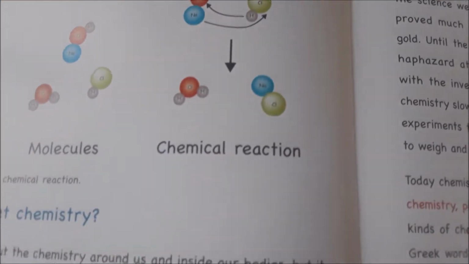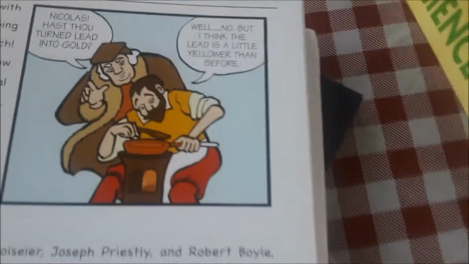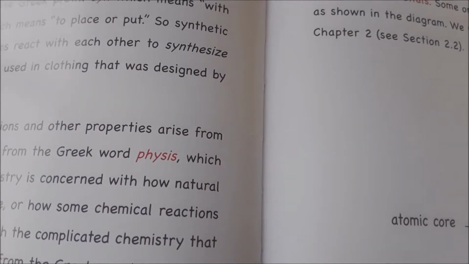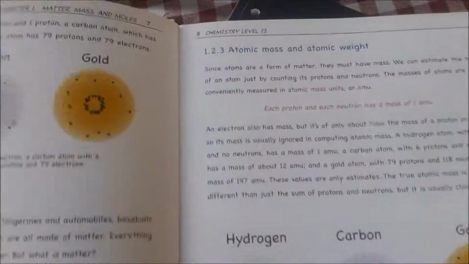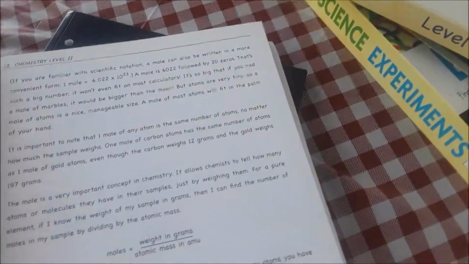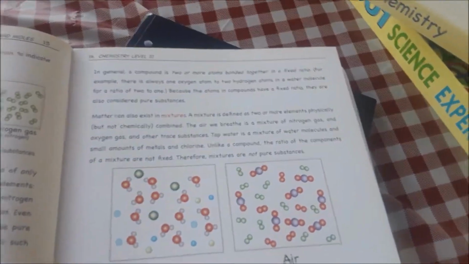So you have the chapter and then subsections there. I love the visuals. Let me get to the part and tell you a little bit about how I'm going to approach this year.